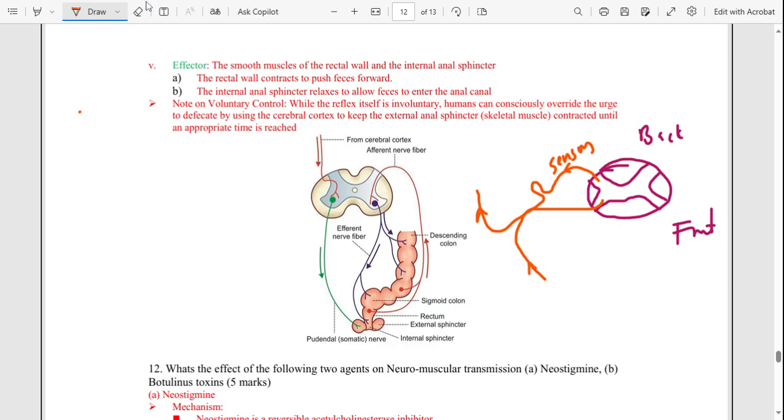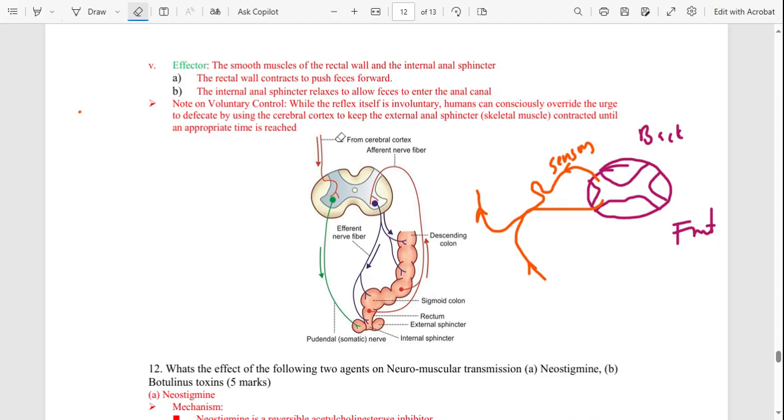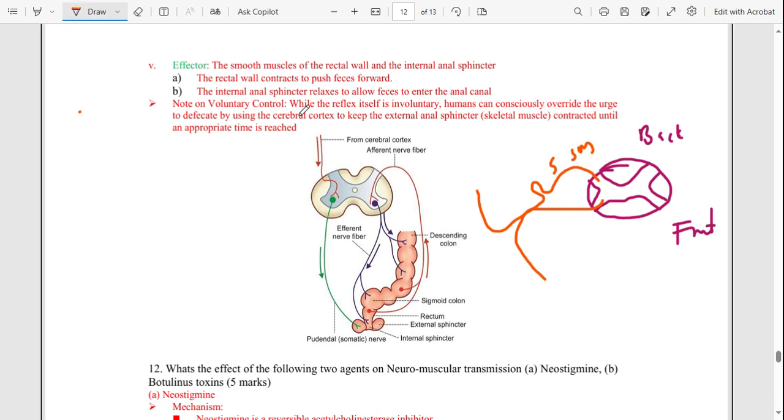Actually, this is opposite, isn't it? Sensations go away from an organ. That's why we call those afferent nerves. Because you are sensing, let's say for example, you touch something that is painful. You should be able to feel the pain. So that's a sensation. It comes to the spinal cord. So this is an afferent.